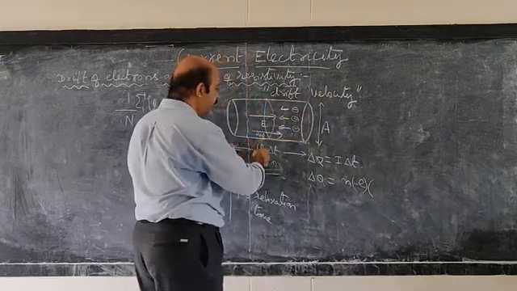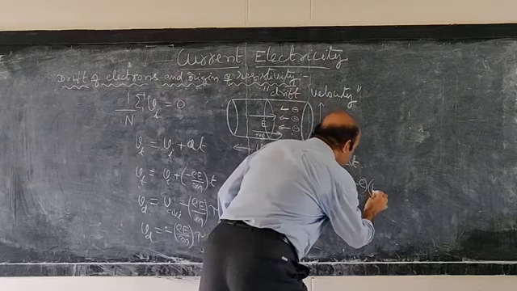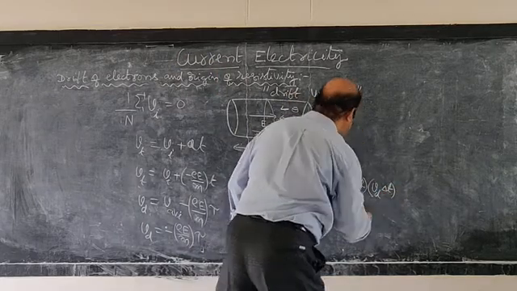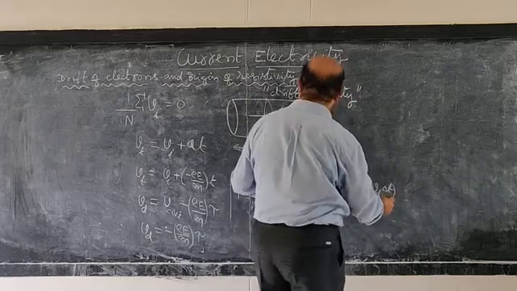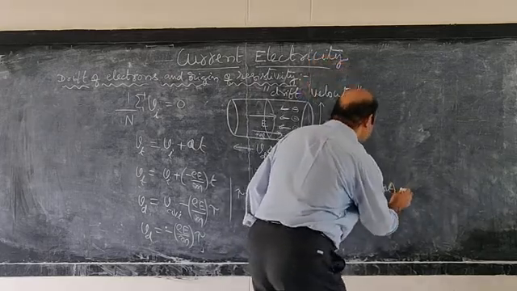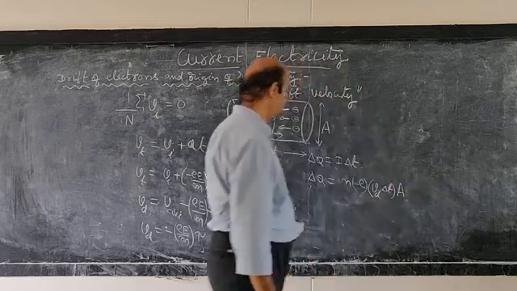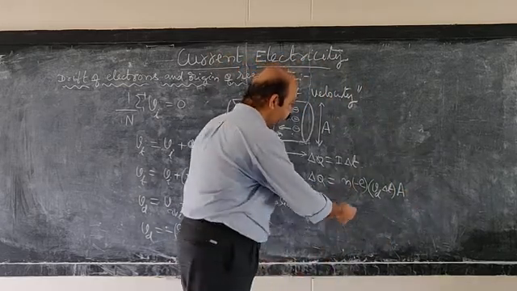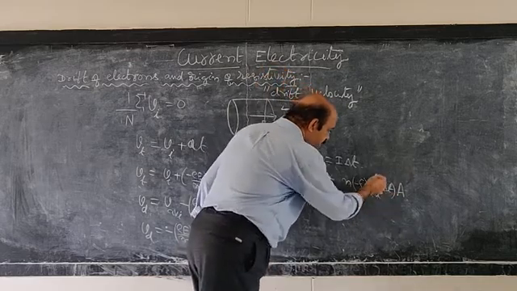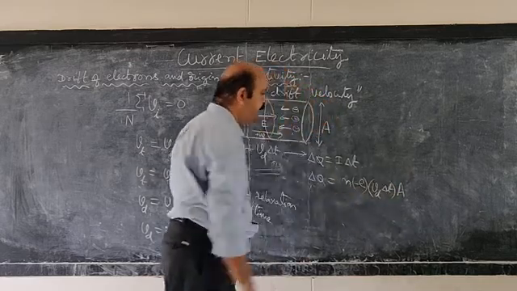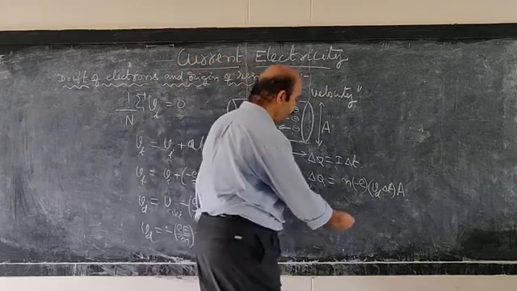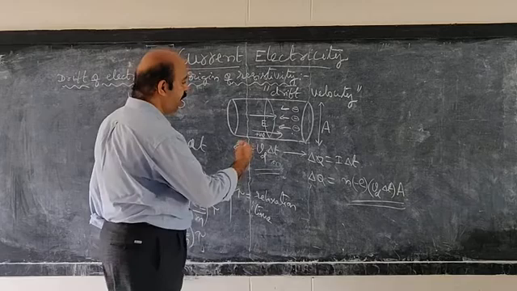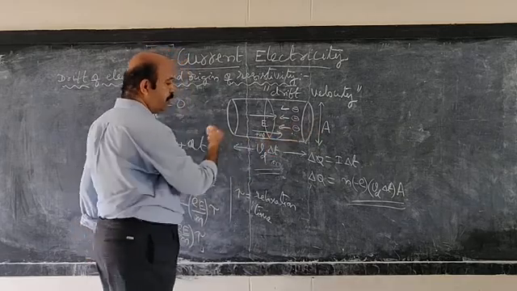So volume is given by length times the area of cross section, that is Vd into delta t into the area of cross section A. So the number of electrons per unit volume times the volume of this conductor, multiplied with the charge, gives the total charge passing through.